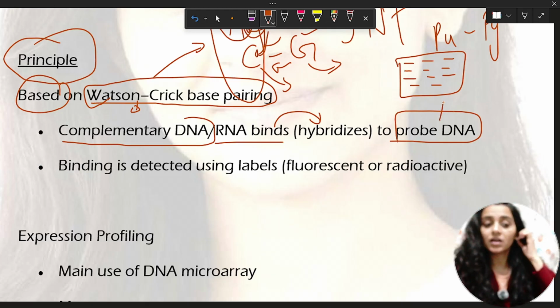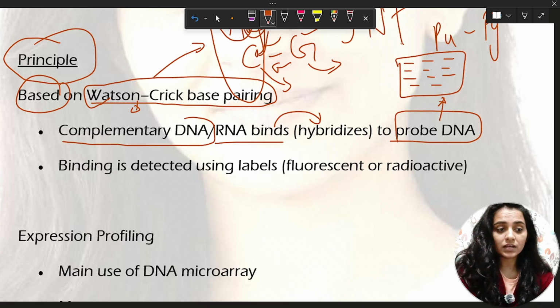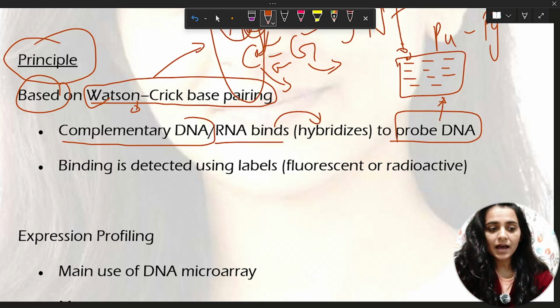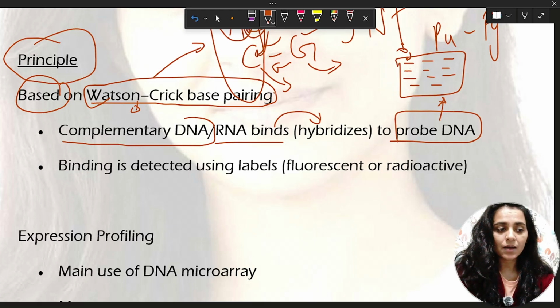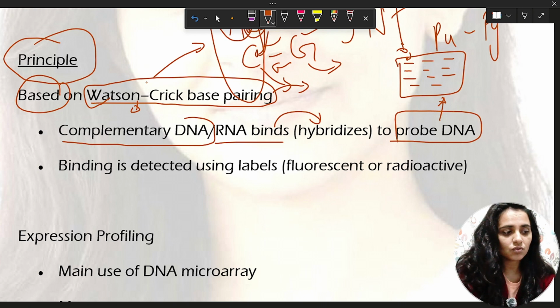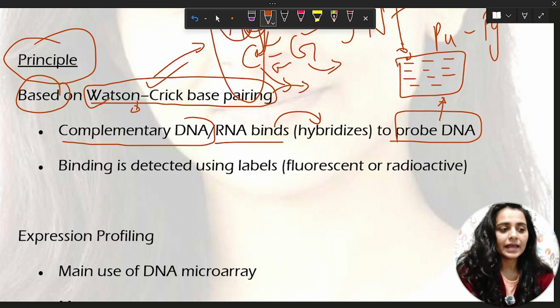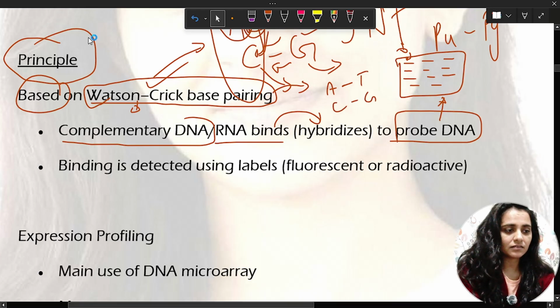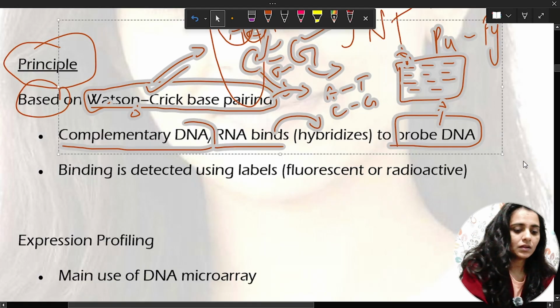Those known DNA sequences are the probes. And if there is a complementary sequence in our sample, it will get hybridized with that probe. That hybridization follows the rule of Watson and Crick: A will bind with T, G will bind with C. This is how the base pairing happens.